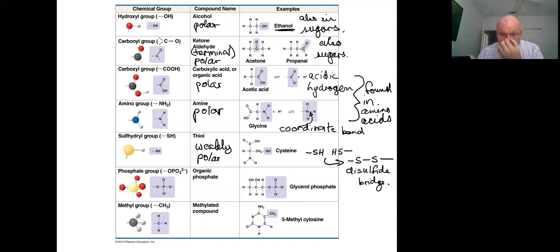And this is a covalent bond. It's very strong, and it allows you to link these two amino acids together, which may be very important in maintaining the structure of a protein.